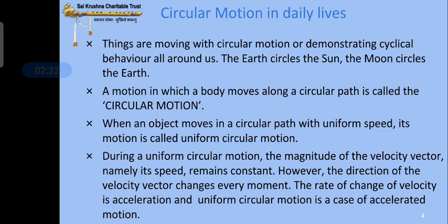Since it is moving in a circular path, it has to keep changing its direction every moment. The rate of change of velocity is what? Acceleration, as we have already studied. And uniform circular motion is a case of accelerated motion.